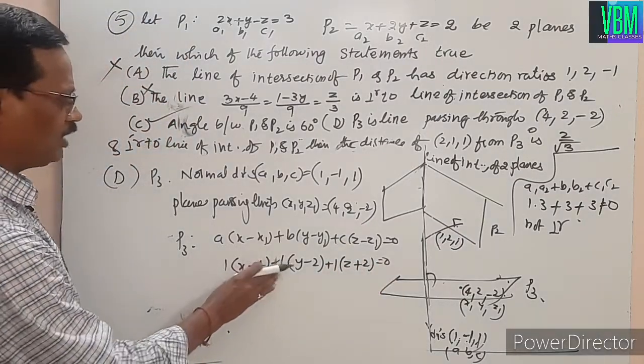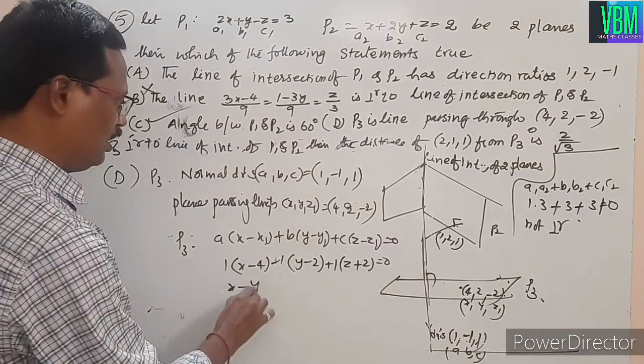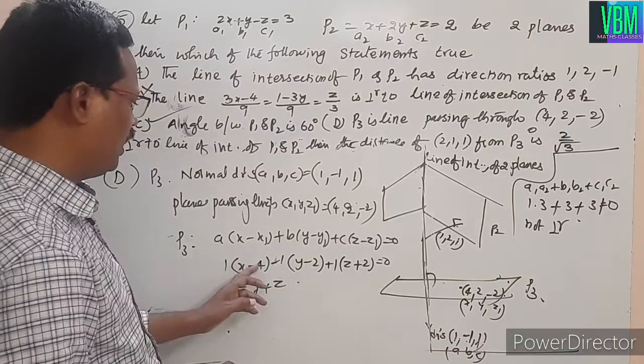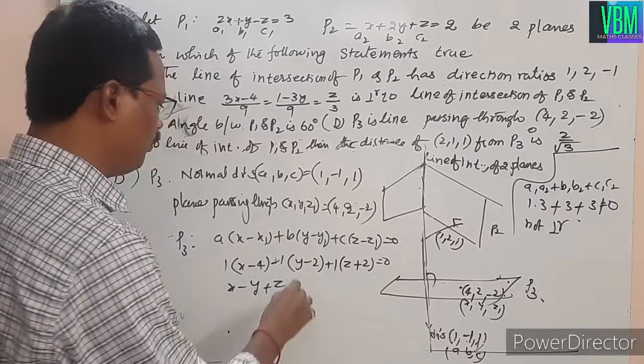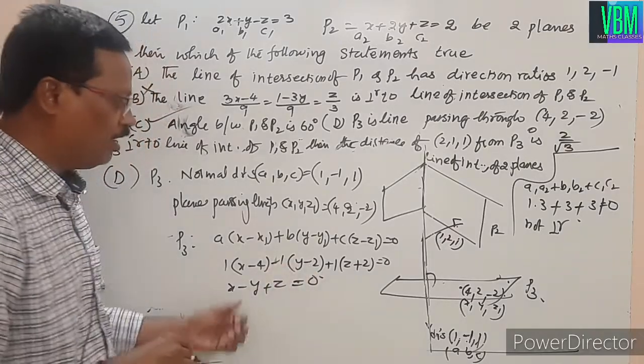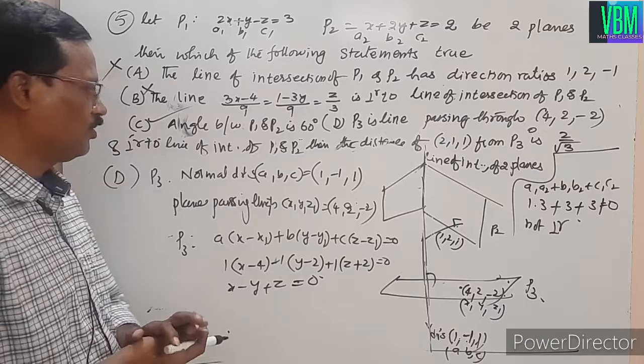Therefore this is x minus y plus z minus 4 plus 2 minus 2 plus 2 equal to 0. Now we got the plane equation like this.